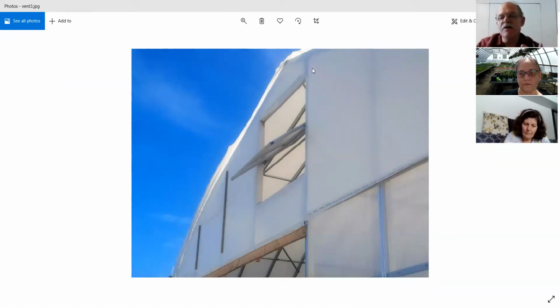Now, this is manually controlled. Manually controlled is the cheaper way to go, provided you're not including the cost of your labor. Obviously, you have to be there to open it, you have to be there to close it. We do have the same thing as something that's motorized. And I think Andy has a picture of that as well.